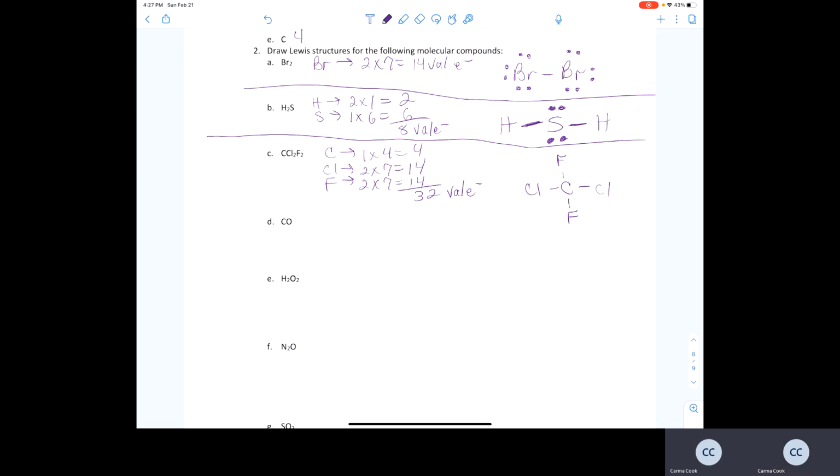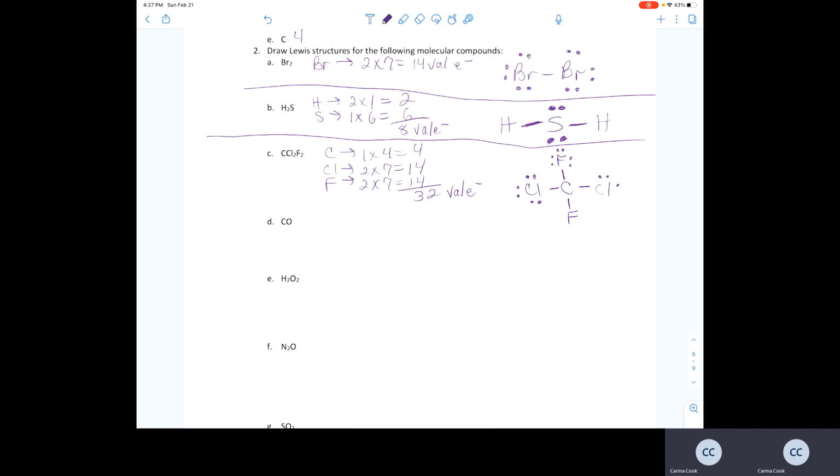So we need to put in 32 valence electrons. We've already put in 2, 4, 6, and 8. 32 minus 8 is 24. So we need to put in the remaining 24 as pairs of dots around the outer atoms. The outer atoms in most textbooks are called peripheral atoms.